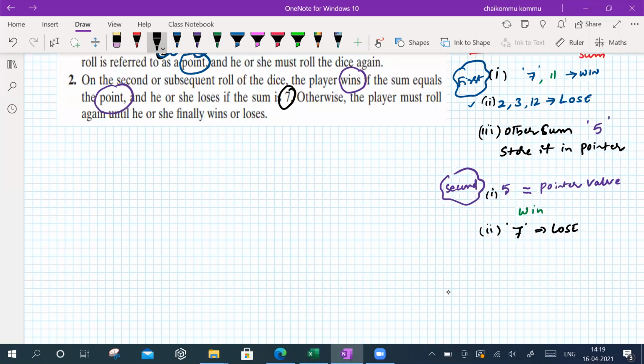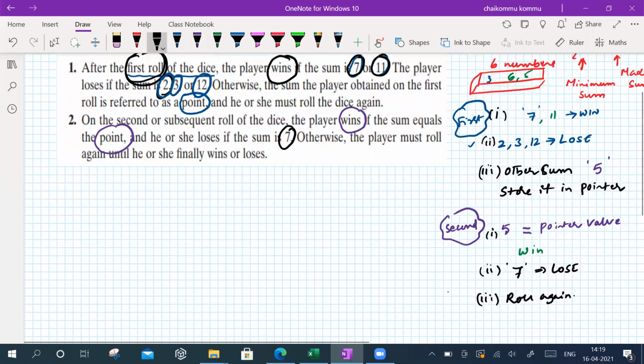And for example, if 7 also did not come, and the 5 in the point also did not come, then what we have to do? For the other case, we have to roll again until you win the game or lose the game. Clear? These are the 2 points that we have to remember.